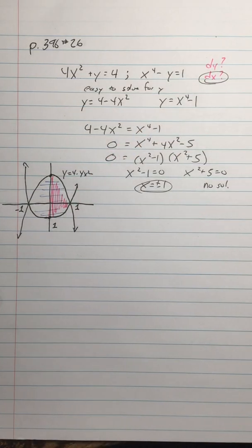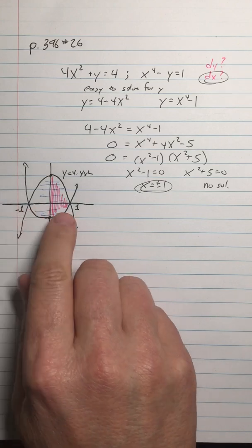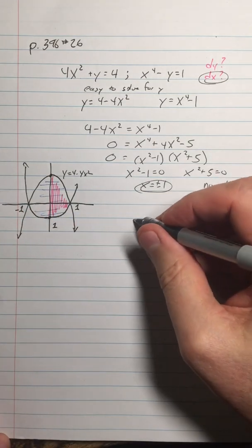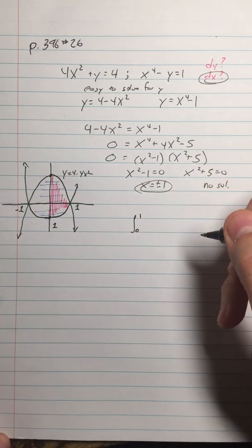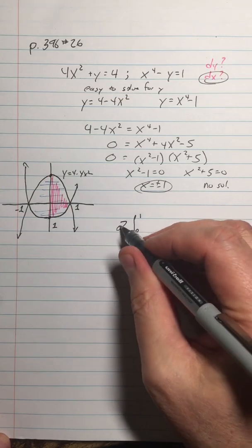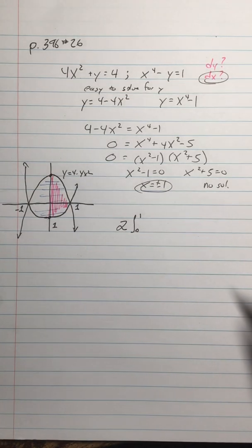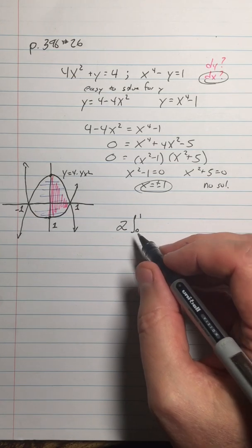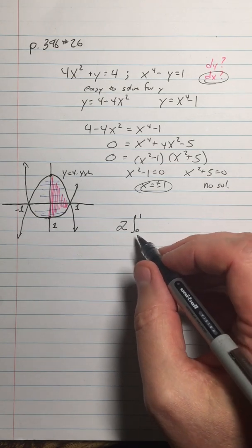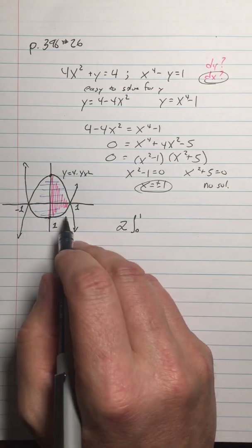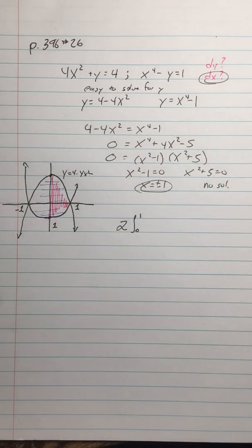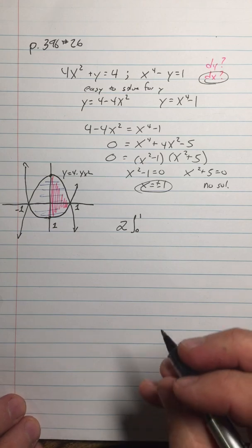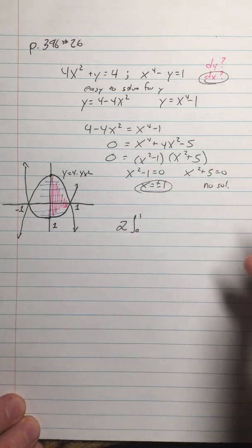So instead of doing the integral from -1 to 1, I'm going to do the integral from 0 to 1 of my functions and then double that. Does that save me work? Yes, because instead of plugging in -1 at the end, I get to plug in 0, and that's easier. So taking advantage of symmetry is a very useful technique when you're doing these areas.